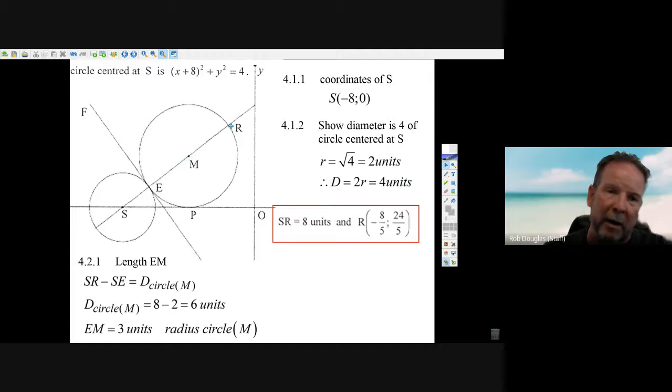If we go SR and we take away SE, we're going to get the diameter, which is 6 units. But the question is, find the length EM, which is the radius here. Well, if that whole distance is 6, then the radius must be half of it. EM must be 3 units. And there we are, the first 3 questions all done.